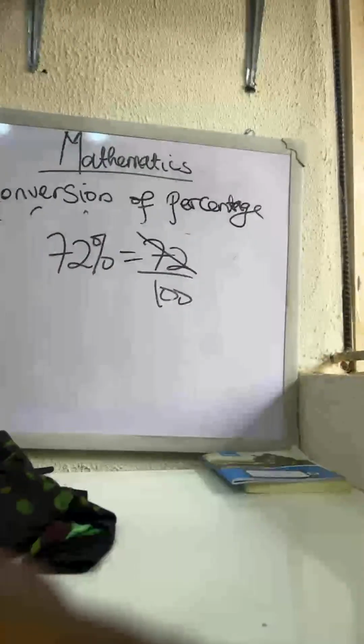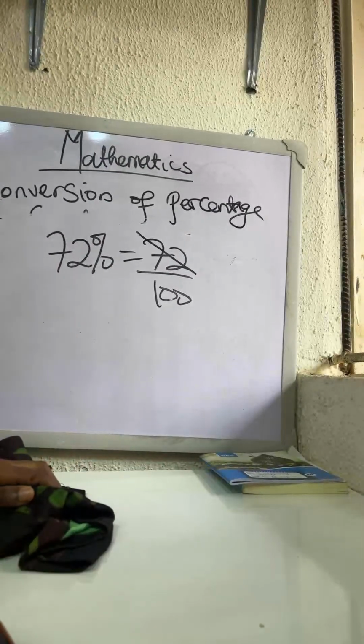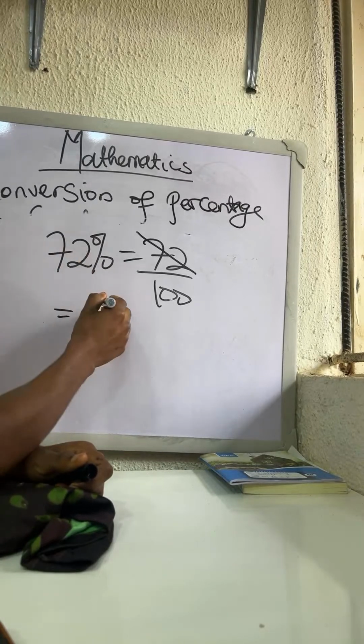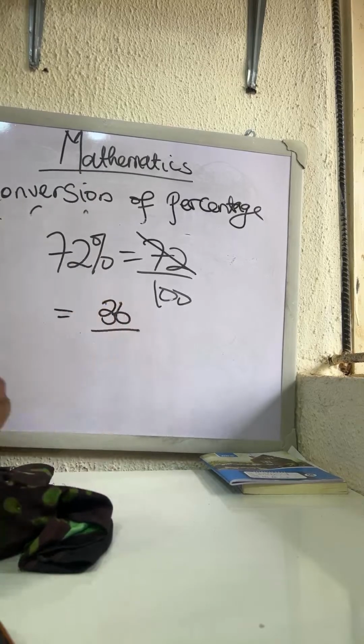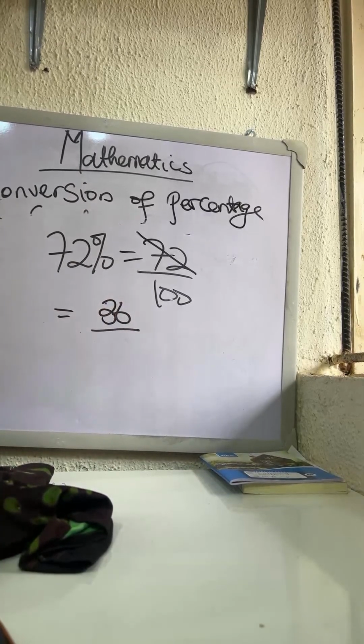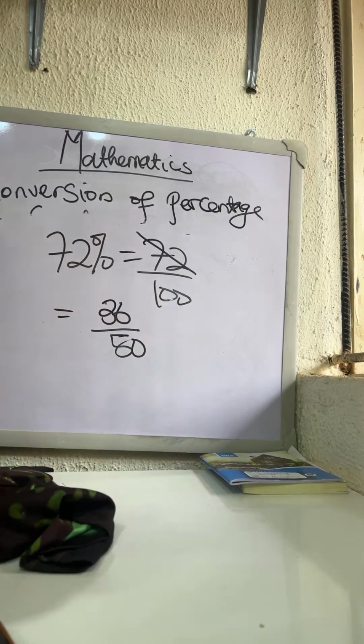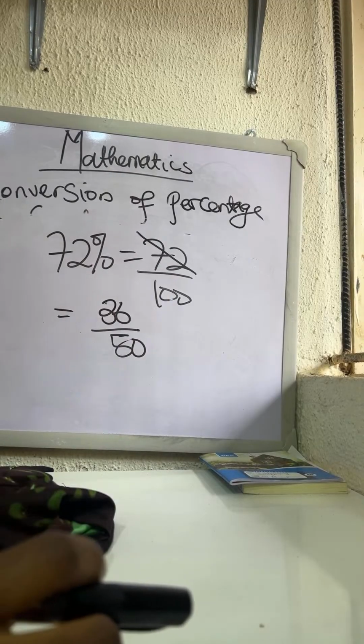So 2 divides 72 is what? 36. 2 divides 100 is what? 50. Yes, 2 divides 100 is 50.